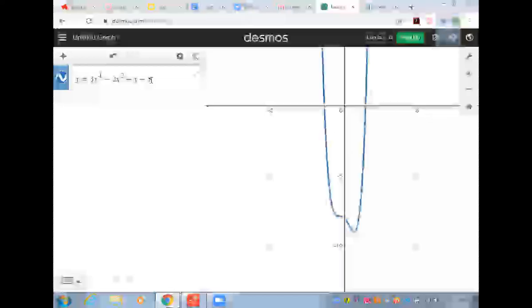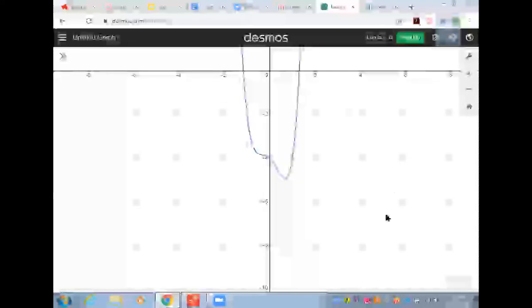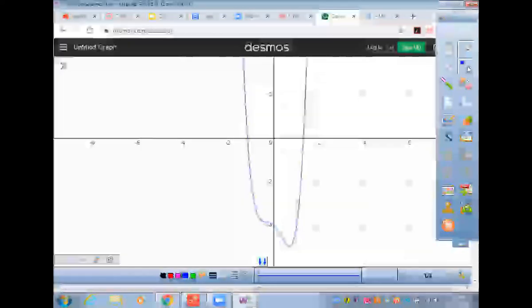Let's make it -4. I like that better. And zoom in a little bit easier. All right, so if we're talking about positive and negative, let me get my pen up here. Positive being where is it above the x-axis, negative being where is it below the x-axis.